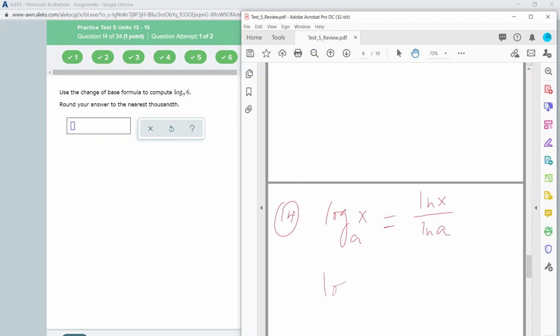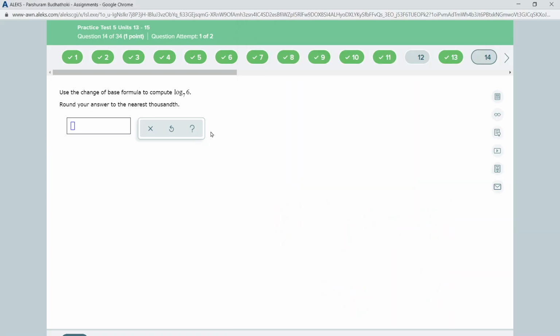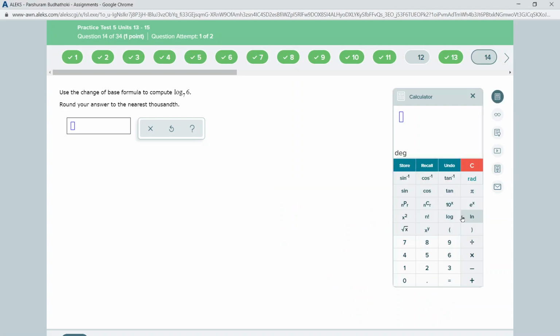So by using this fact, if I use the very same thing here, it will be actually ln of 6 over ln of 7. I'm going to calculate this using the calculator. Ln of 6, parenthesis, ln of 6, and then divide, but while dividing you have to come outside the parenthesis, and then ln of 7.